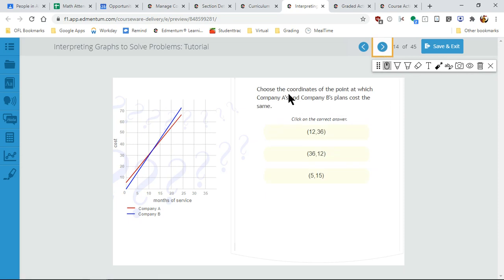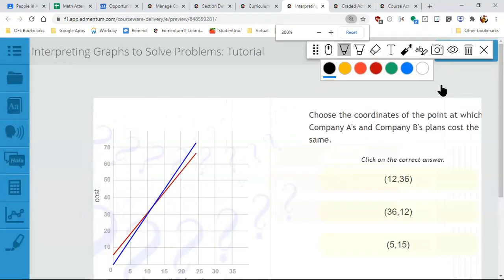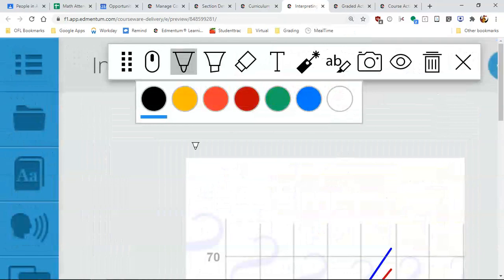All right. And then it's saying choose the coordinates at which point company B costs the same. So when we're looking at something that costs the same, we're looking for what's known as the point of intersection. So that's probably around here. Let me zoom in a little bit to make it easier. Control plus, you guys can always use this.